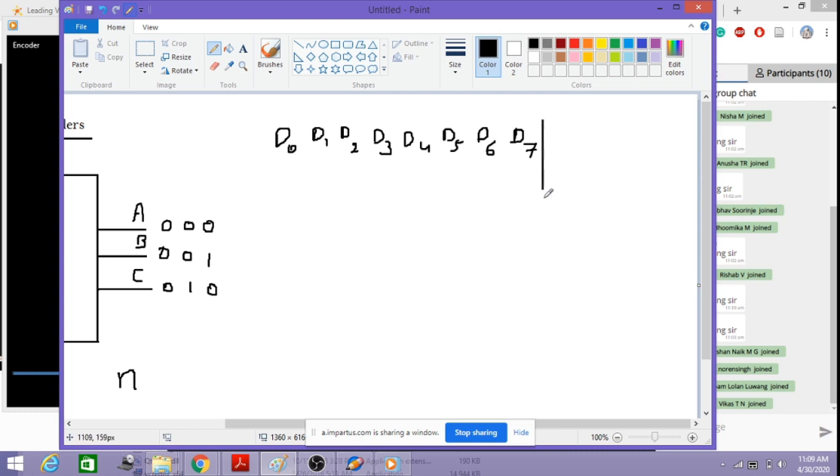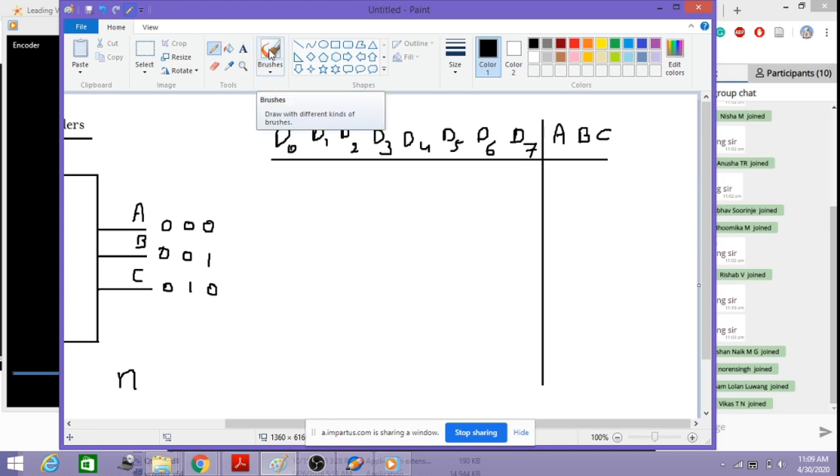My outputs are 3 outputs, A, B and C. Now if this is 1 and all others are 0, then the output is 0 0 0.